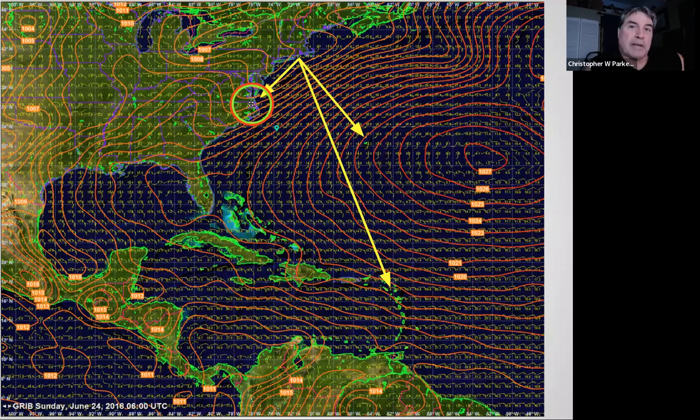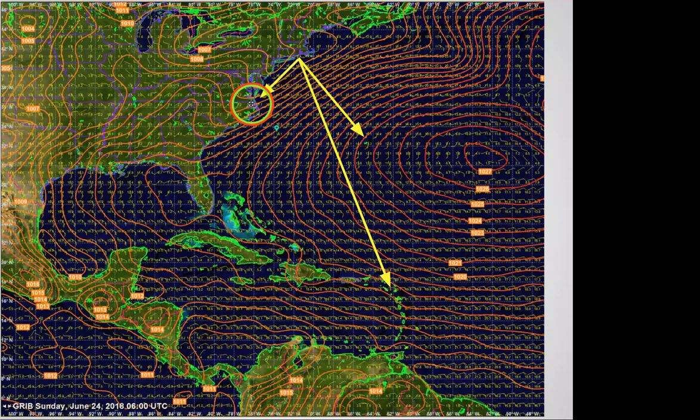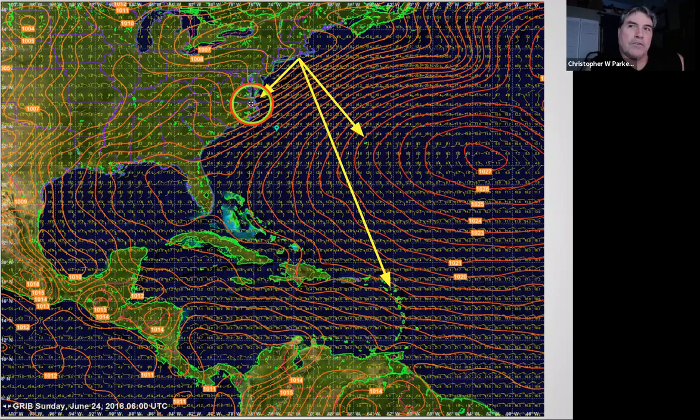Either you can make 200 miles a day, in which case you only need 36 hours to get across the Gulf Stream. Or if you're moving a little slower and you need 48 hours to get through the Gulf Stream, you need to have unusually good and unusually long intervals between low pressure systems and cold fronts.